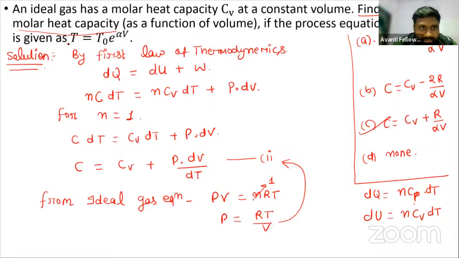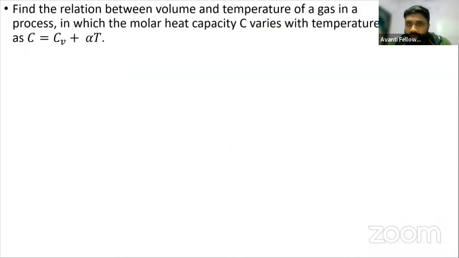In the previous one, the relation between volume and temperature was given to you, and you needed to find the relation between Cp and Cv. Now, in the next question, the modification is that the relation between Cp and Cv is given to you, and you need to find the relation between volume and temperature. So it is the same, but you have to do things in a reverse manner. Now try to solve this.